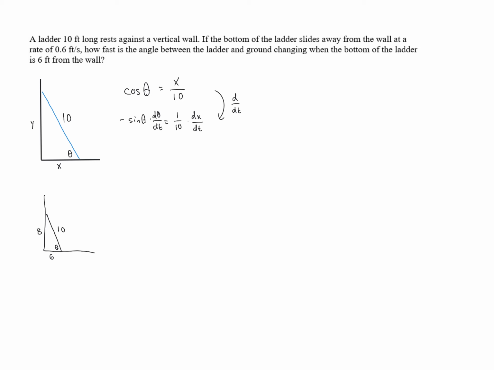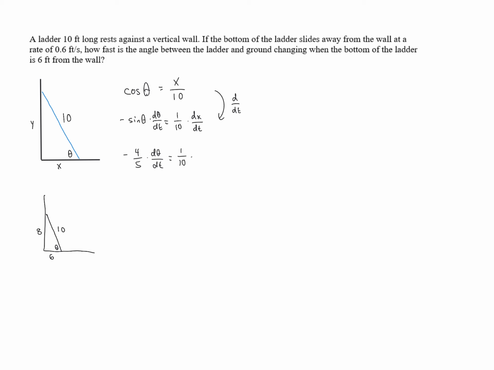I'm going to let you do that on your own and just tell you that it's going to end up being 8. 6 squared plus y squared equals 10 squared, and then you solve for y, you get 8. And so if we want sine of theta, that is going to be 8 over 10, which is going to reduce to 4/5. So we've got negative 4/5 times d theta over dt equals 1/10 times dx over dt.